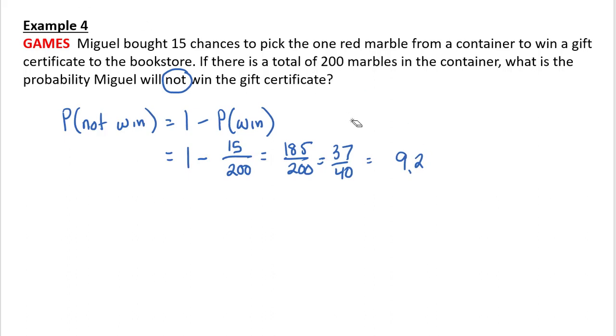When I put this as a percentage, his probability of not winning is 92.5%, because I put that as a decimal and then I multiplied. I moved my decimal place over 2 spots. Okay, so you can think about probabilities as percentages too.